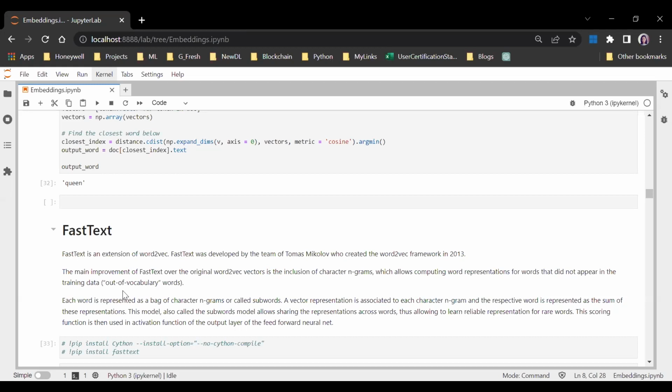So if we are preparing bigrams or n-grams, like bigrams or trigrams, then in Word2Vec we rely only on the words. But in the case of FastText, we can even use the underlying characters.